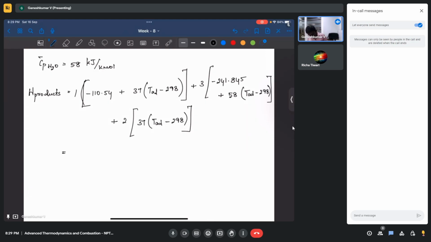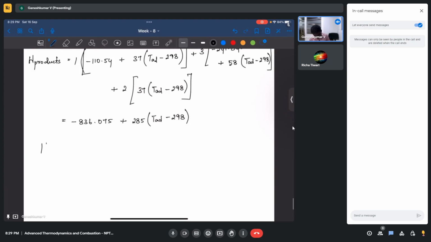If we do that, minus 110.54 minus 3 times 241.845 will give you minus 836.075 kilojoules, plus I have 37 times T adiabatic minus 298, and 58 times 3, plus 2 times 37, altogether giving 285 times T adiabatic minus 298. And we know that H reactants is equal to H products.